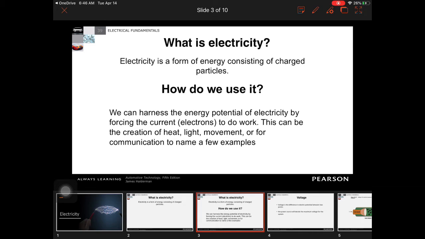This can be the creation of heat, light, movement, or communication, to name a few examples. If you think about it, we use electricity to power our headlights. We use electricity to control the actuators in the HVAC system, or to move our windows up and down. And we use it to communicate from module to module. Okay?